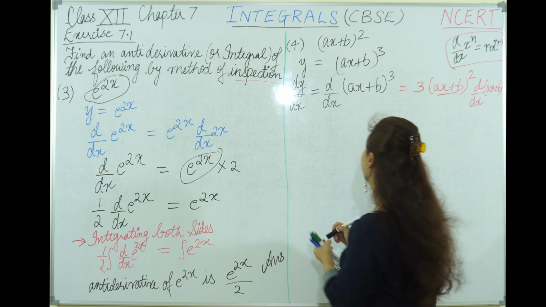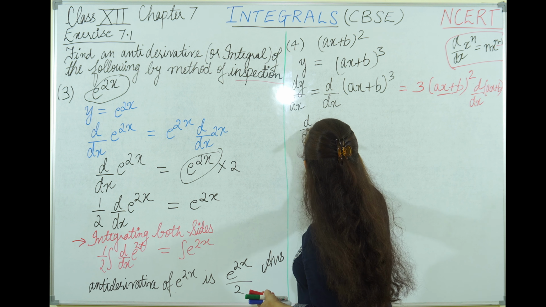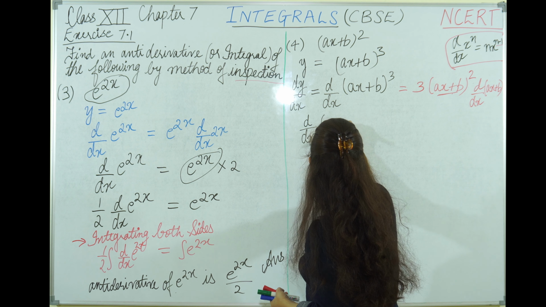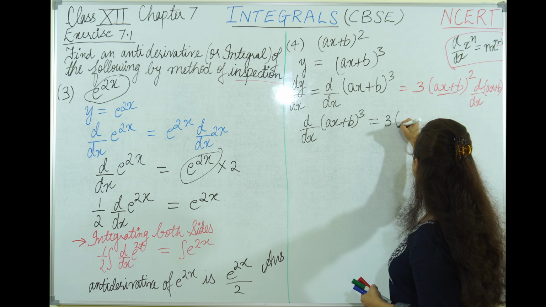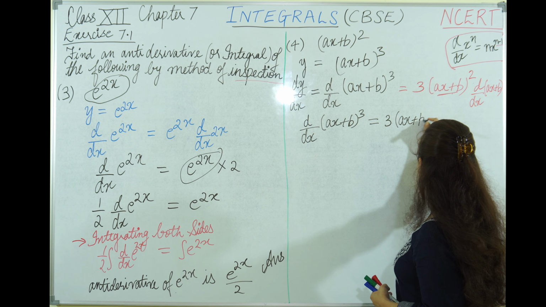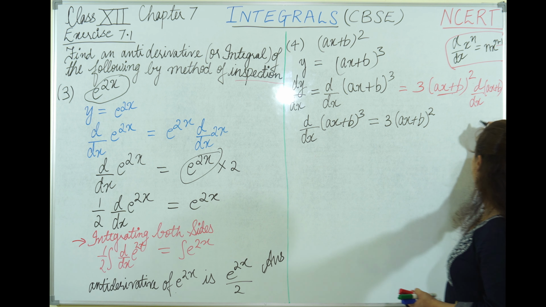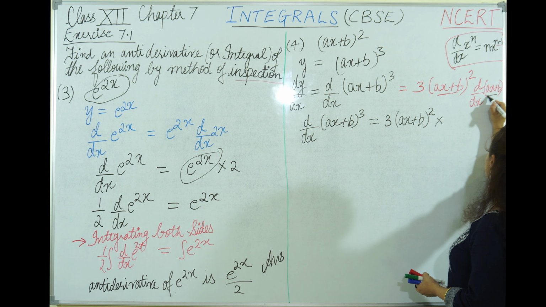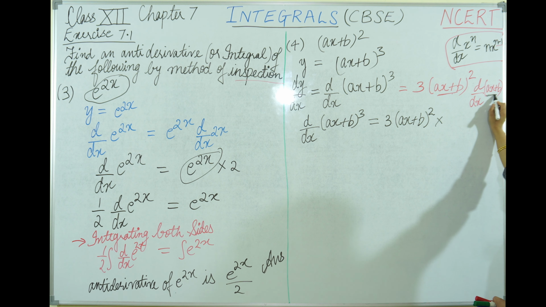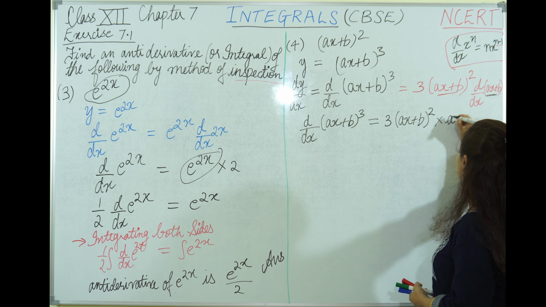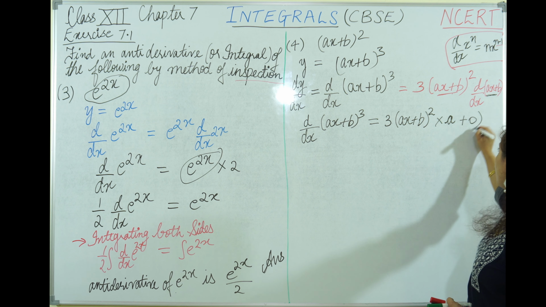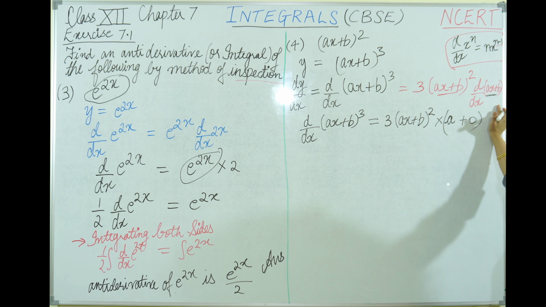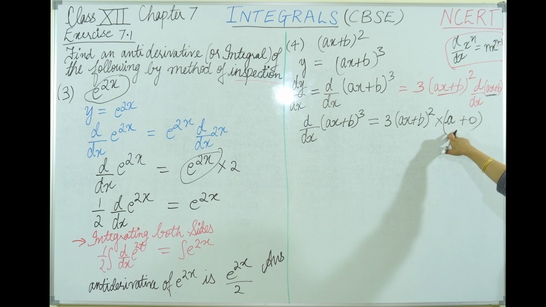So I can write d over dx of (ax plus b) whole cube equal to 3 (ax plus b) whole square, into, if I do the derivation of ax, I'll be getting a, and b is a constant, it does not have any term of x, so it will come out to be 0. So only a will get multiplied.